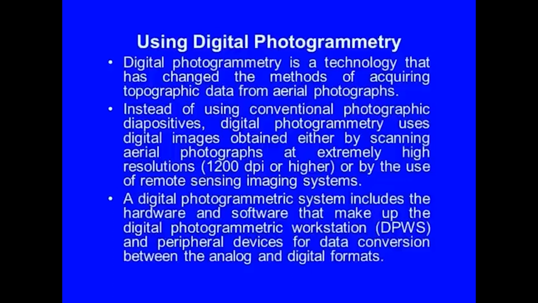A digital photogrammetric system includes the hardware and software that make up the digital photogrammetric workstation, or in short DPWS, and the peripheral devices for data conversion between the analog and digital formats.